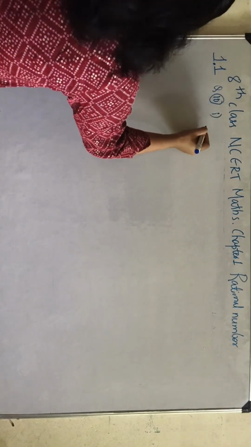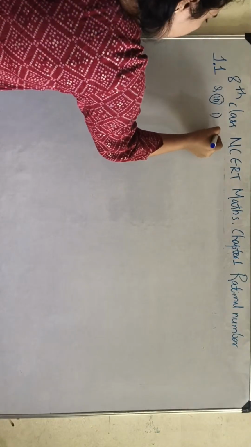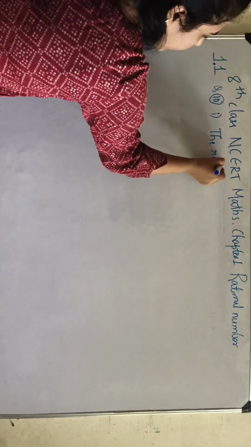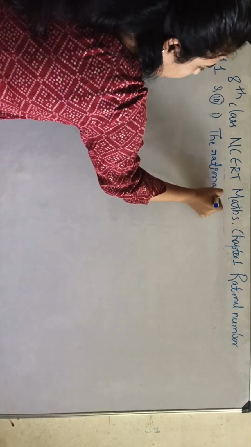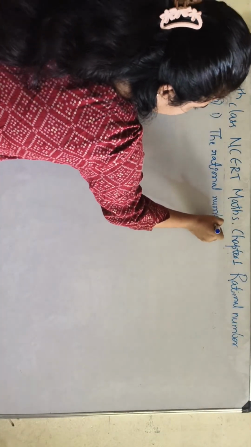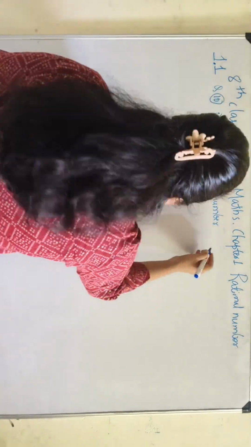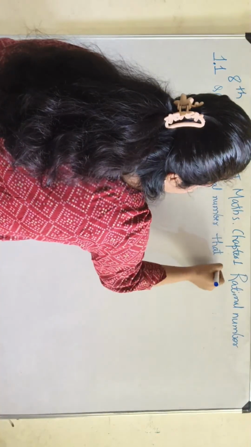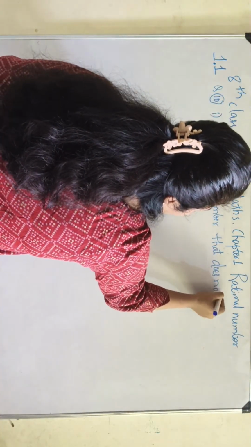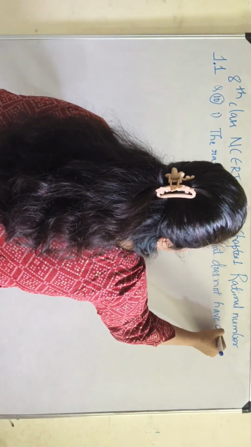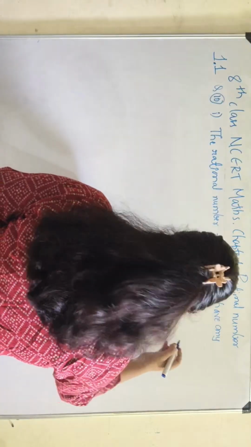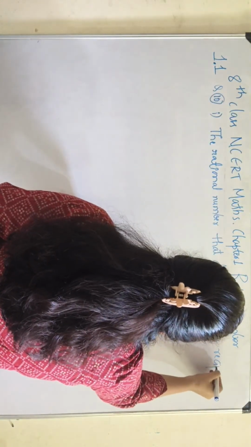In that, the first one: the rational number that doesn't have any reciprocal. You should tell the answer.